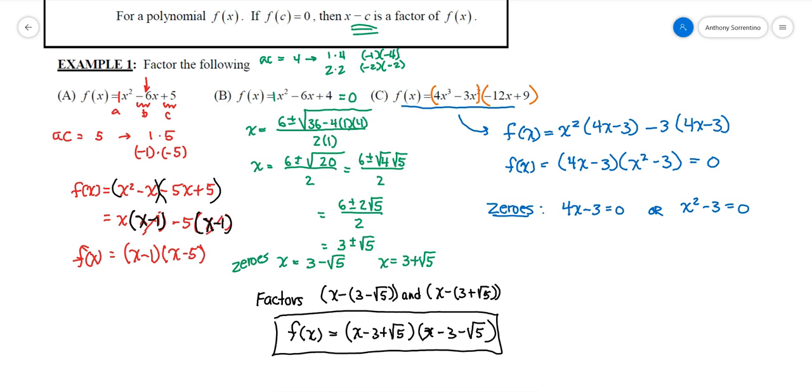And if I solve both of these, for this one here, I'm going to add 3 to both sides, divide both sides by 4. I get x equals 3/4. And on this side here, if I take x squared equals 3, which means x is going to be plus or minus the square root of 3. So my zeros are x equals 3/4, square root 3 and negative square root 3.